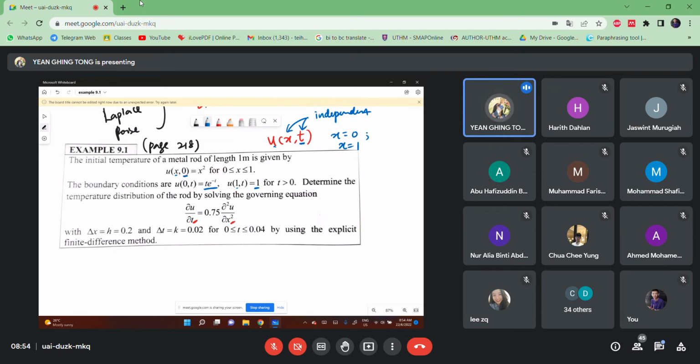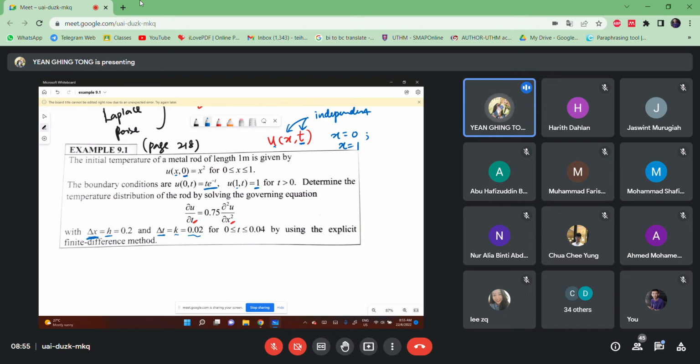Determine the temperature distribution of the rod by solving the heat equation, with step size of x, h, equal to 0.2 and step size of t, k, equal to 0.02, for t from 0 to 0.04, using the explicit finite difference form.